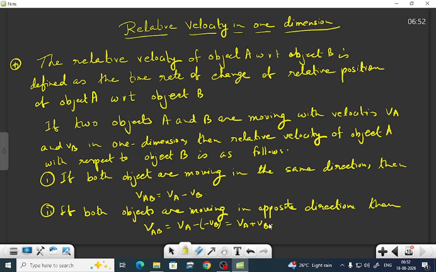Okay, and the third point what we get is position time graphs.